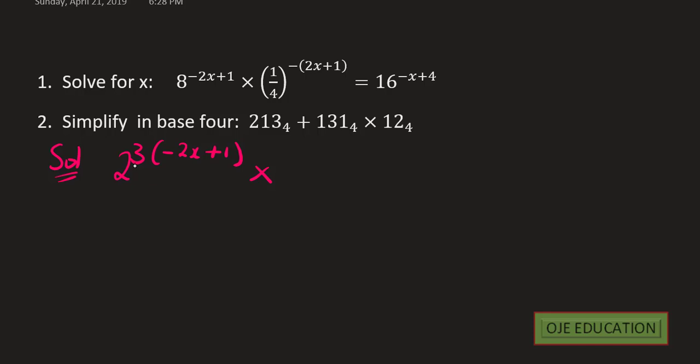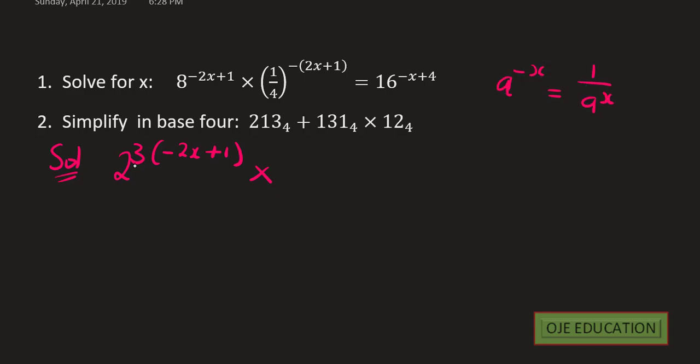multiplied by, now when you look at this 1 over 4, there is a law of indices that says that a raised to the power of negative x can be written as 1 over a to the power of x. So that means if I see this now, I should be able to return it back to this, and vice versa.